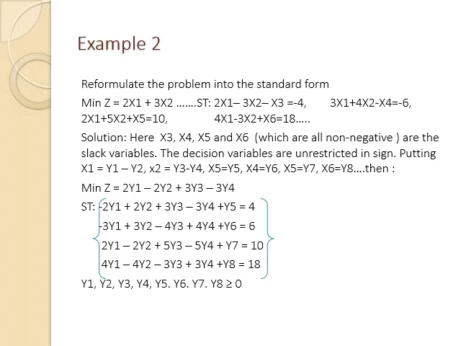Now min z equal 2x1 plus 3x2. We mentioned x1 equal y1 minus y2, then 2x1 equal 2y1 minus 2y2, and 3x2 equal 3 times y3 minus y4, that is 3y3 minus 3y4.